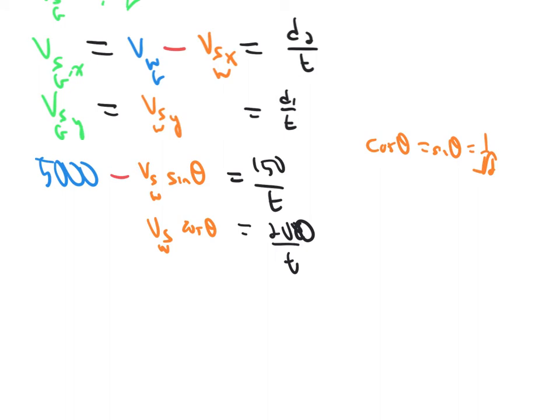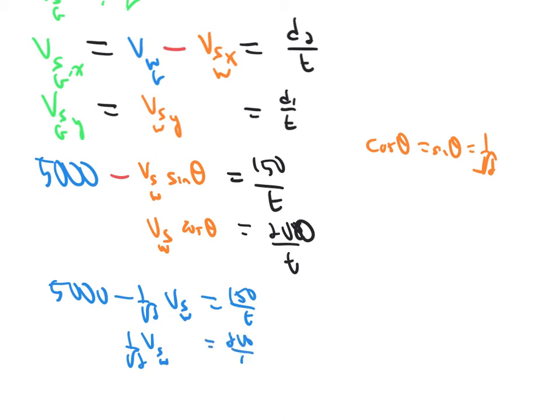So rewriting this one more time, we'd have 5,000 minus 1 over root 2 times the thing I'm looking for is 150 over t, and also 1 over root 2 of the thing I'm looking for is 200 over t. I'm going to take this equation and say instead that t is 200 root 2 over the thing I'm looking for.